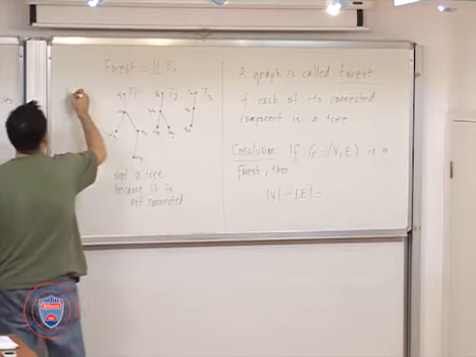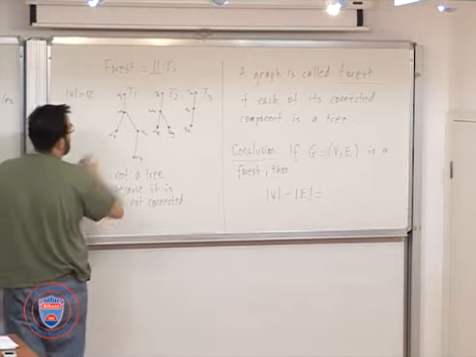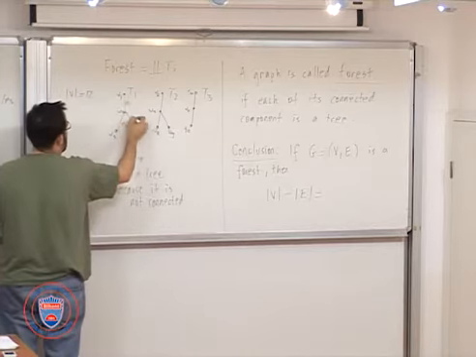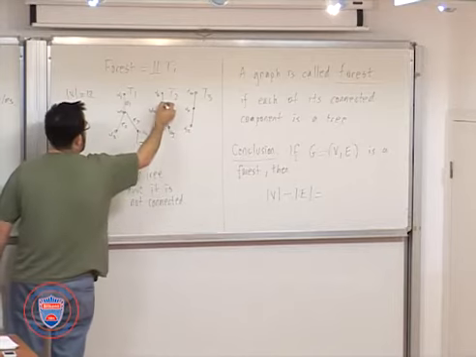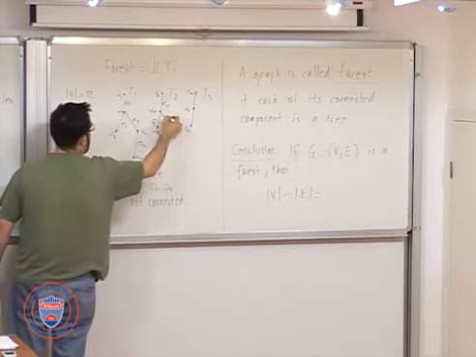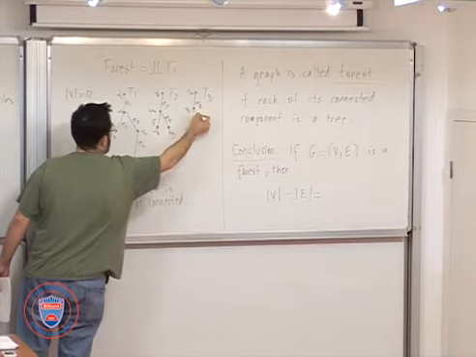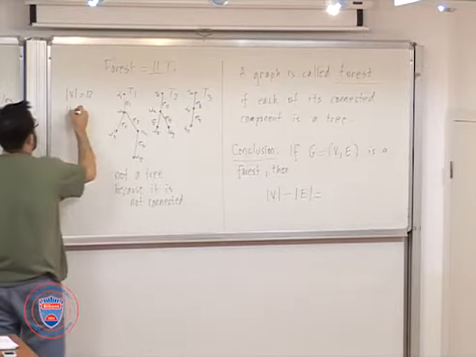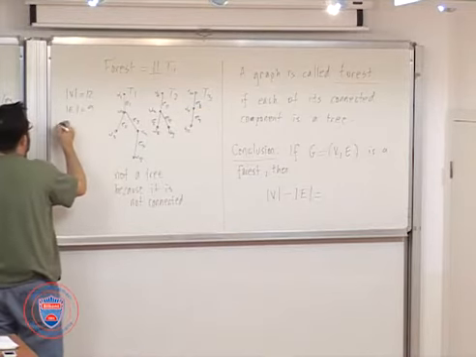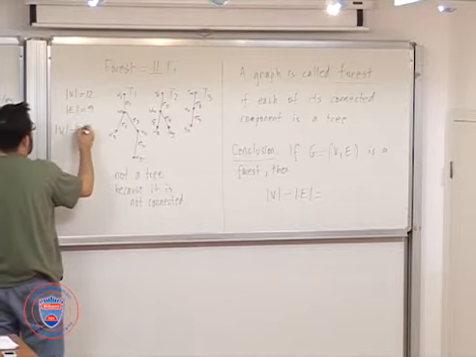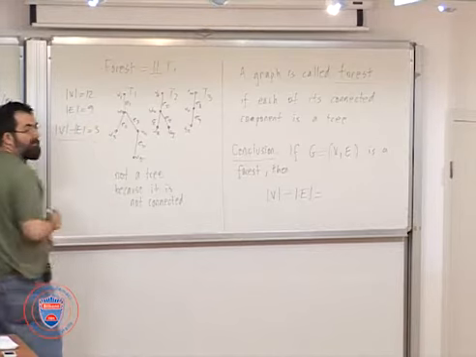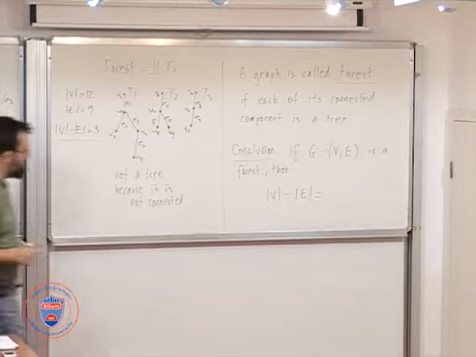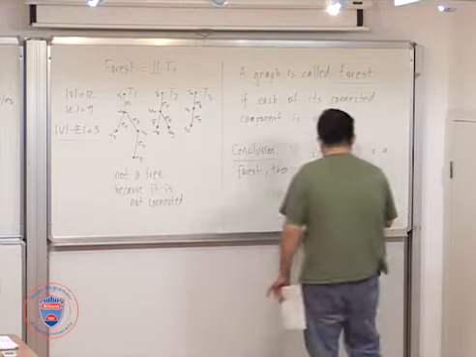So the number of vertices is 12. If you look at the edges, the number of edges is 9, and the difference is the exact number of components. So this will give you the number of components.